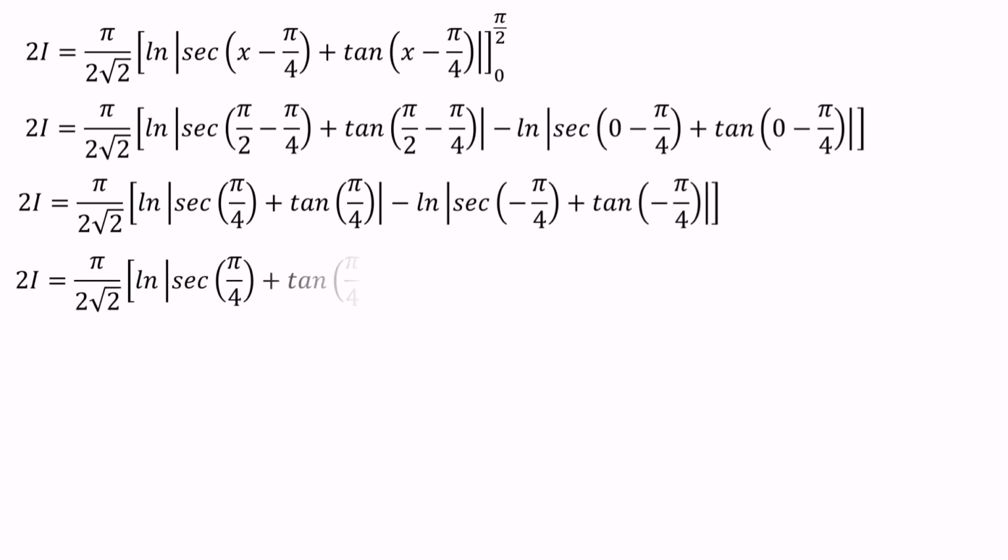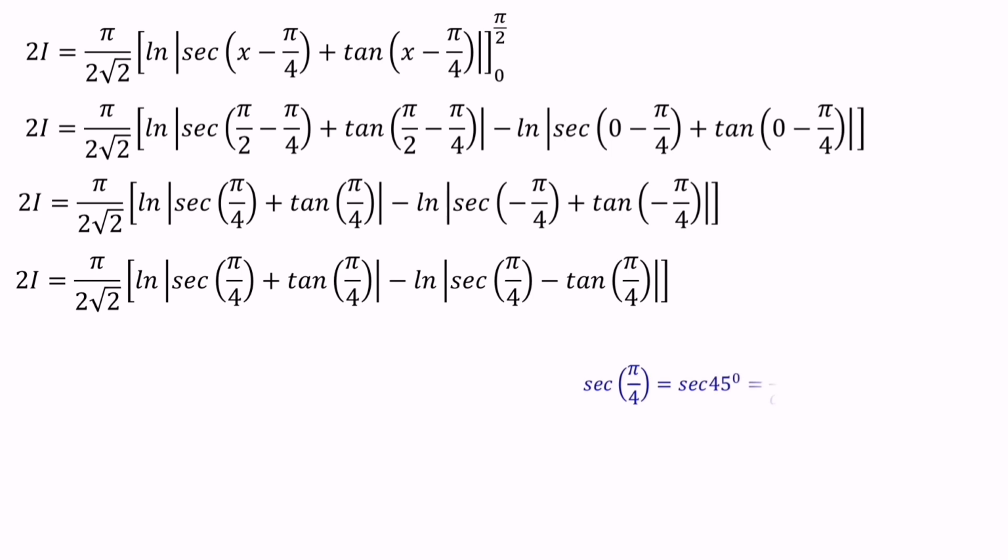Sec pi over 4 equals sec 45 degrees. It is equal to 1 over cos 45 degrees. Cos 45 degrees equals 1 over root 2. So sec pi over 4 we get as root 2. Tan pi over 4 equals tan 45 degrees. It is equal to 1. So we can substitute these values for our answer.